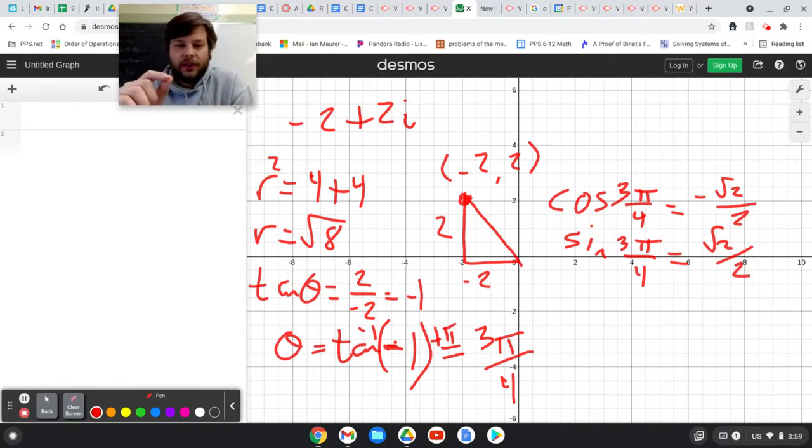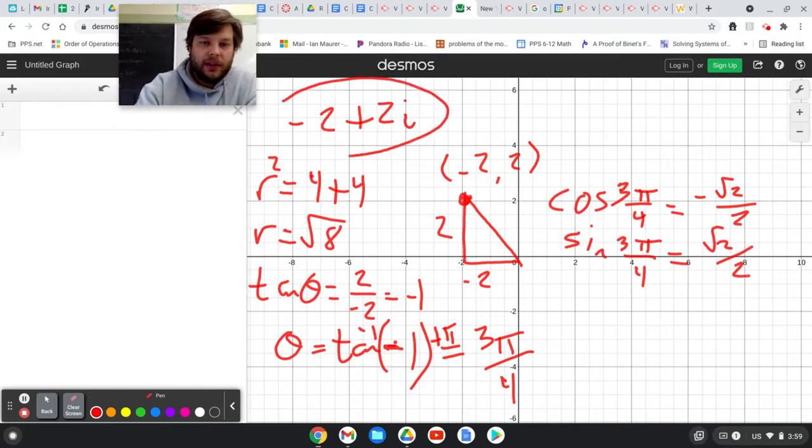And if you take those values and multiply them both by r, you're going to get back to our original rectangular coordinates for the complex number.